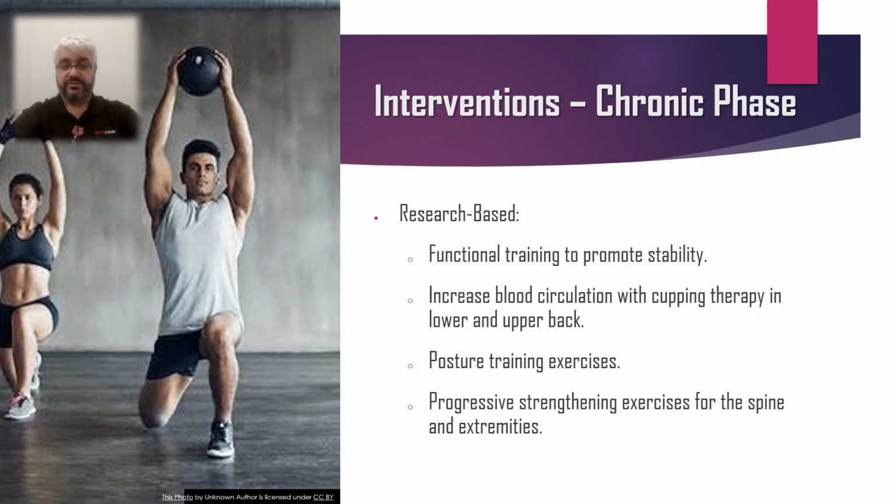In the chronic phase, we focus on restoring function through training activities that promote core stability and posture reeducation. We incorporate cupping therapy to increase blood circulation and progressive strengthening exercises for the spine and extremities to support his ability to engage in daily activities without any pain.